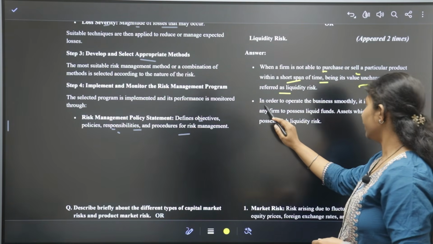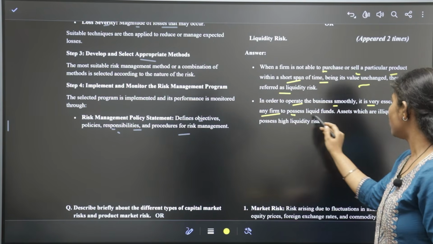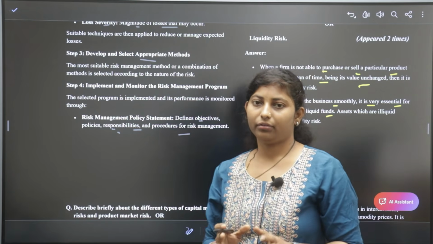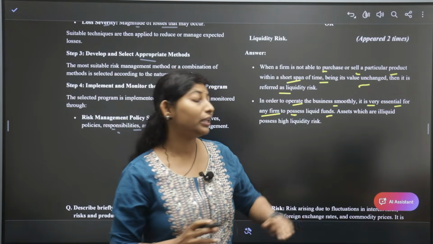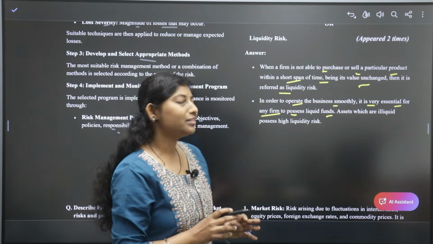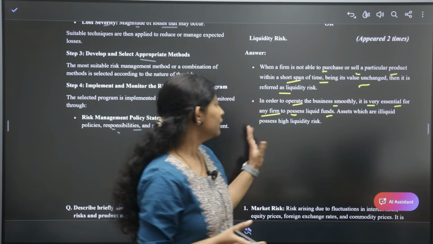In order to operate the business smoothly, it is essential for any firm to possess liquid funds. Our business should run very smoothly, so we should have liquid funds in our business. If they are not available on time, we will face such a risk.